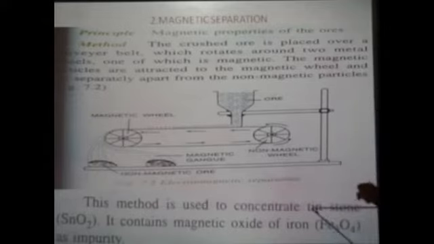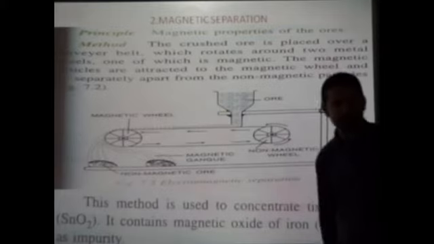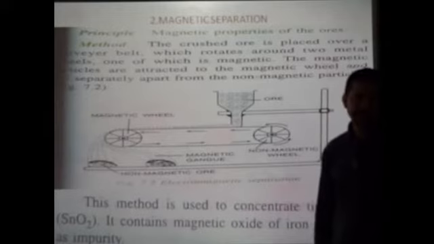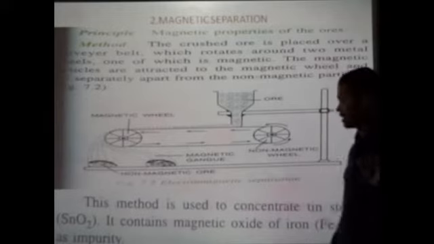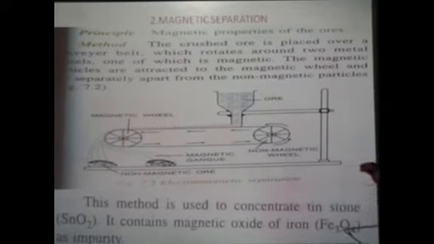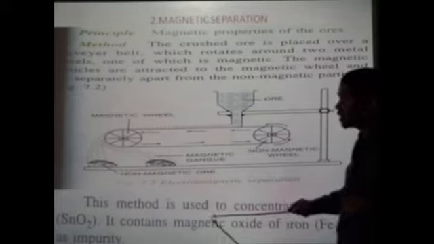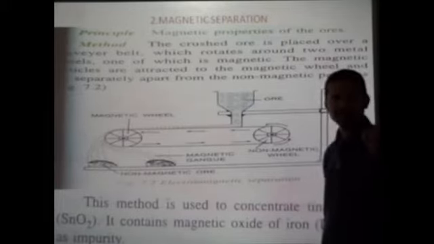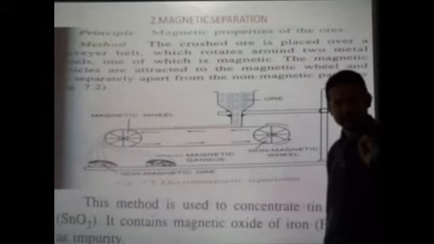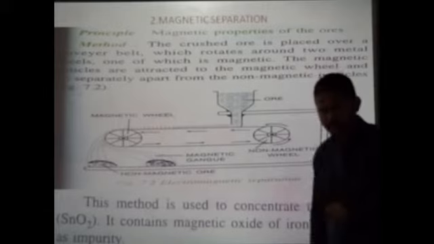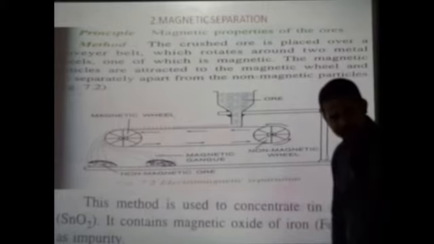This method is used to separate tin stone, because tin is non-magnetic and impurity must be magnetic. So it contains magnetic oxide of iron, that is Fe3O4, as impurity. Here impurity must be magnetic. Either it has to be a compound of iron, cobalt, or nickel. Otherwise, this process cannot be used.